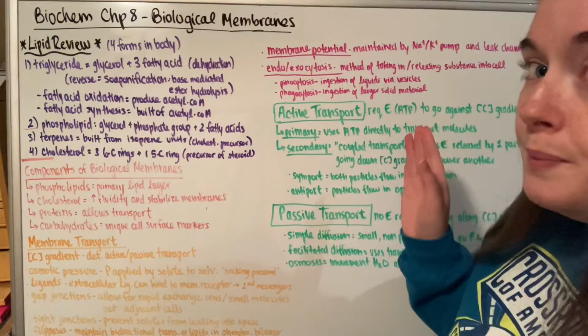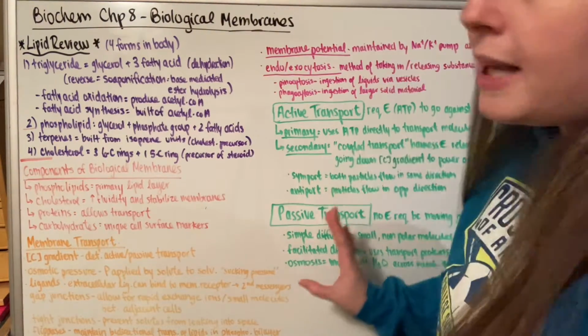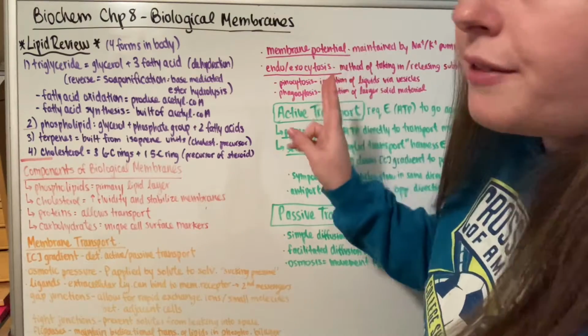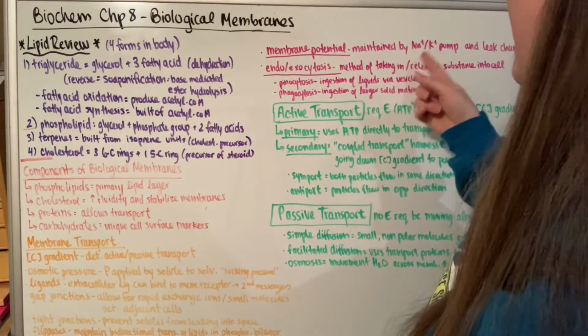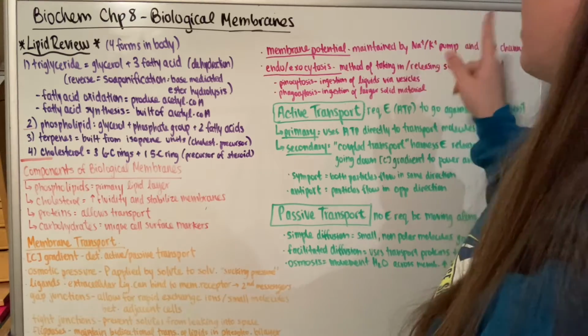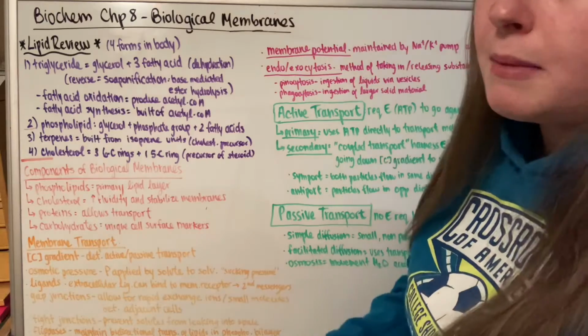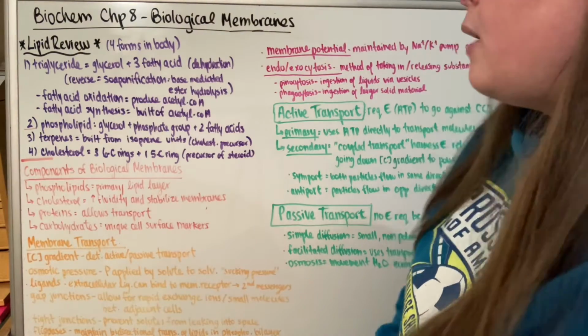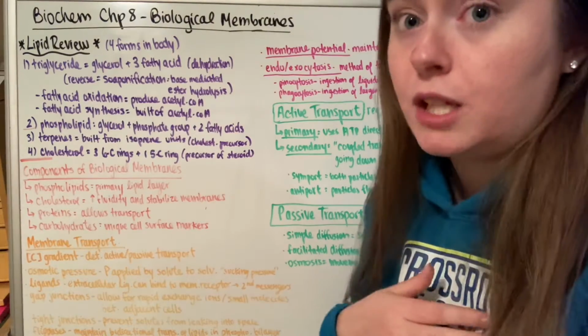let's move over here where we're talking about active transport, passive transport, and then just two other definitions. So membrane potential is maintained by the sodium potassium pump and leak channels, and the resting membrane potential is approximately -70 millivolts. Now this whole process is explained in chapter 4 when it relates to the nervous system.